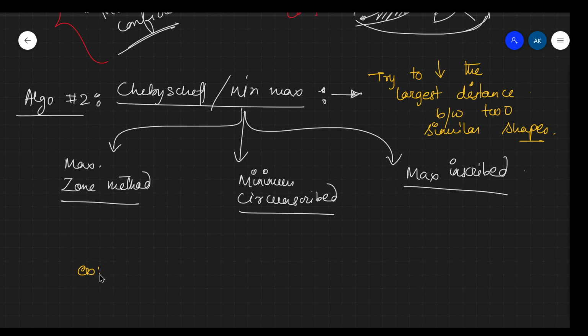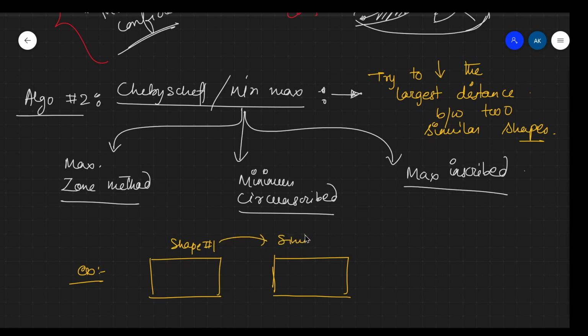Example, suppose you have one shape and you have a very similar shape on this side also. Shape 1 and similar shape 2. Suppose this is a plane.